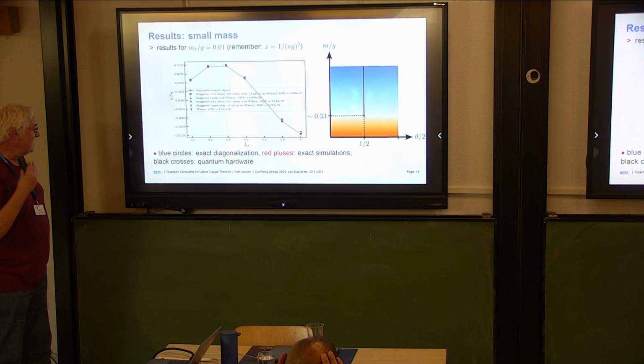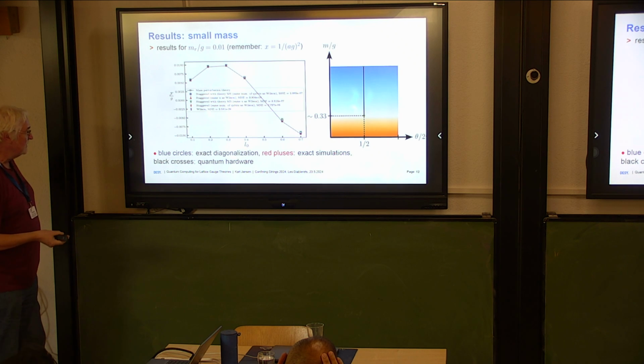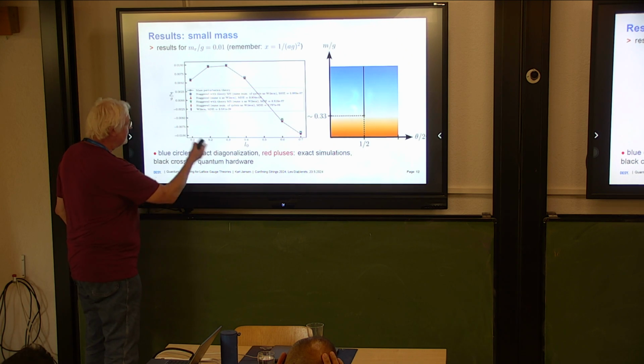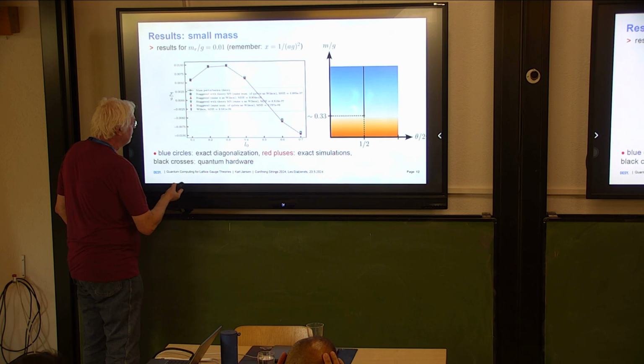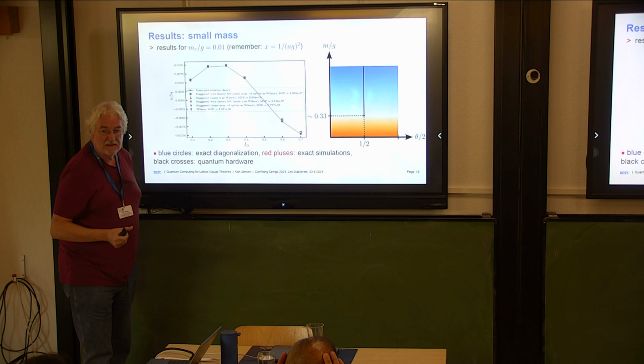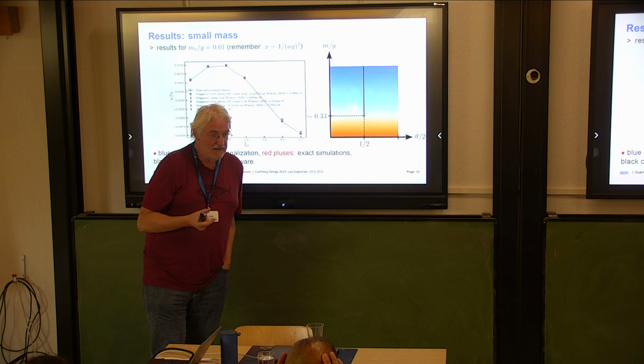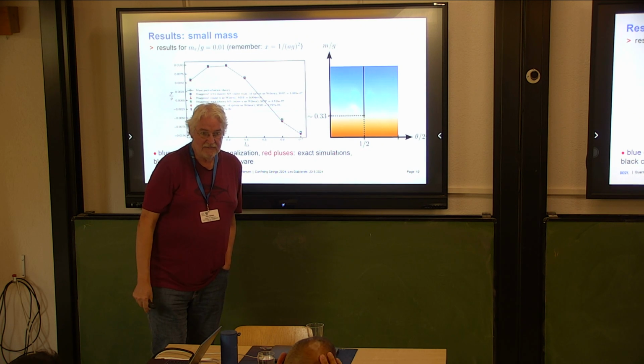Then we used staggered fermions, we used Wilson fermions, we used exact simulations, and we used really hardware runs. And what you see is that you do not see anything. And this is very good, because this means that in this case, our hardware runs really reproduce the exact simulation, the analytic mass perturbation theory, and the hardware data.